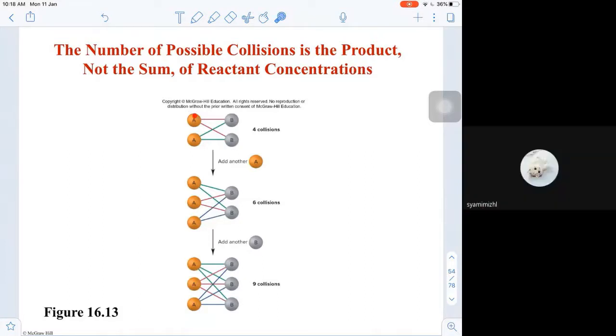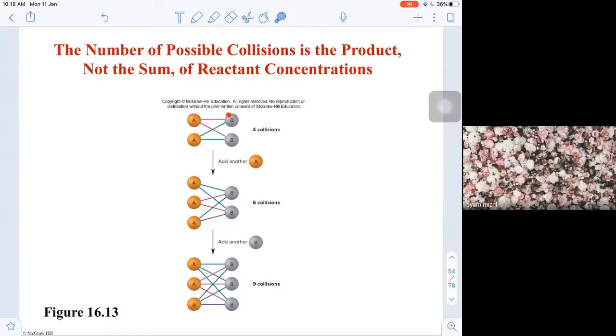The first A collides with the first B, the first A collides with the second B, the second A collides with the first B, and the second A collides with the second B. The total will be 4 collisions altogether.